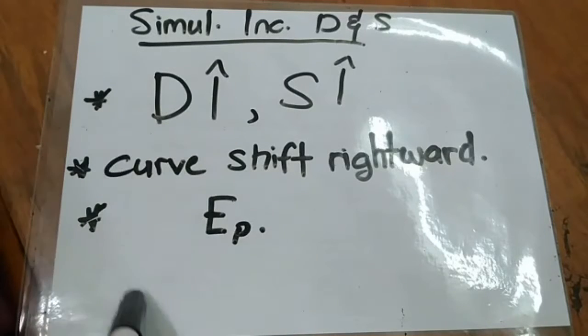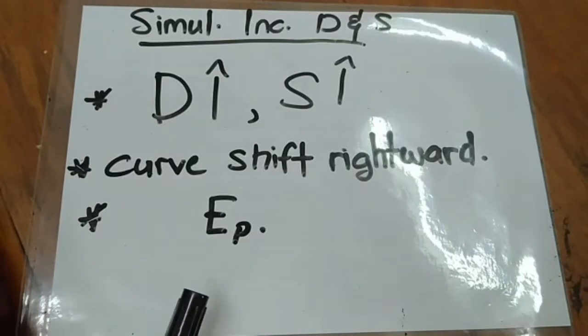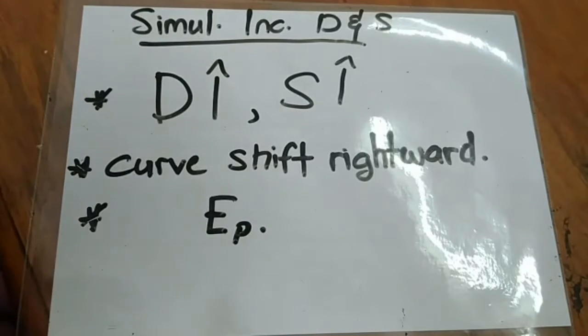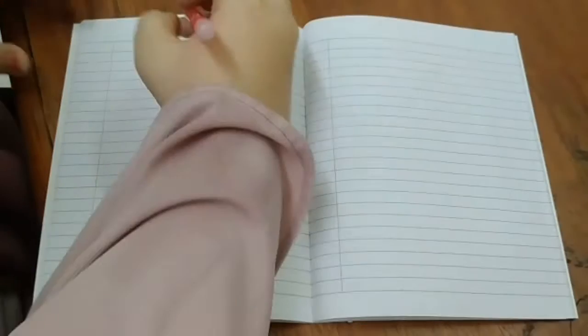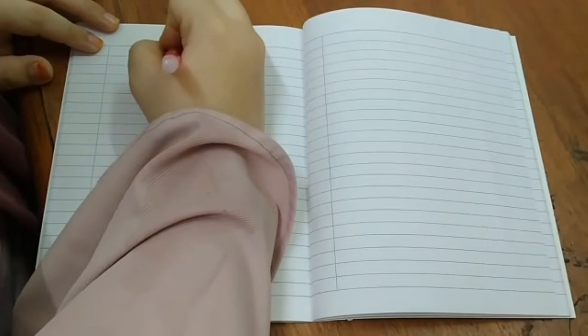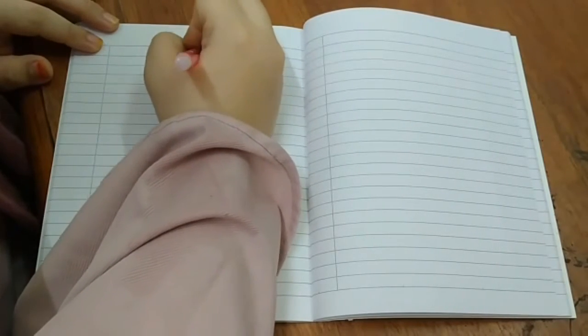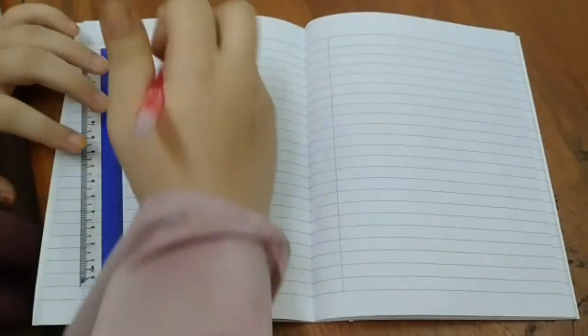These three things you have to know, because this is the basic of simultaneous increase in demand and supply. For the example, from the list of items, I will take tissue.